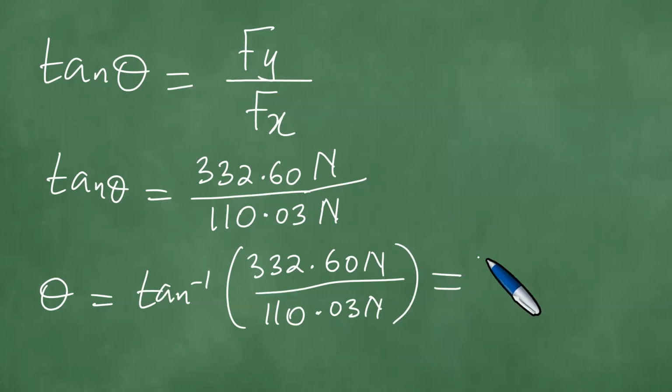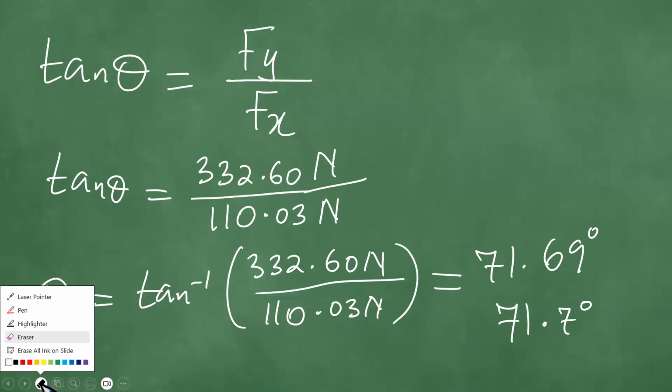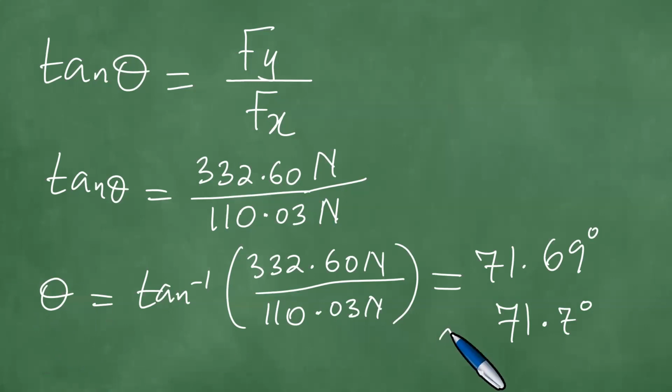And what we're then getting is that this is actually equal to 71.69 degrees. Or you can say it is approximately 71.7 degrees. So we have this exactly, and this is the result.